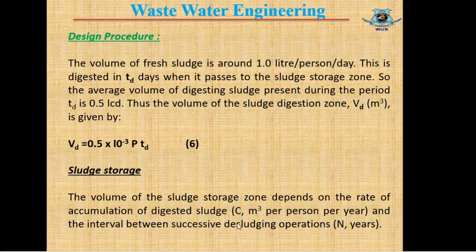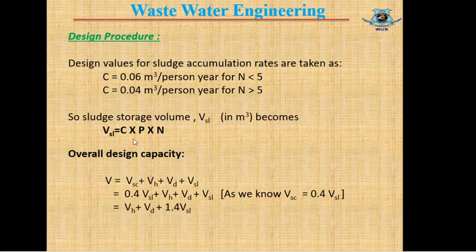The formula for sludge storage volume is C into P into N. Here P is the number of persons, N is the number of desludging years, and C is the solid accumulation rate. C is 0.06 meter cube per person per year when N is less than 5, and C is 0.04 meter cube per person per year when N is greater than 5.